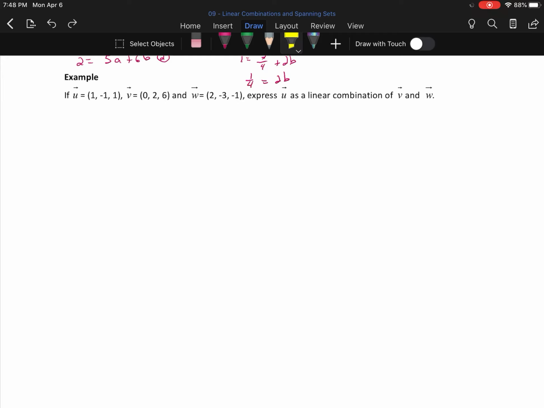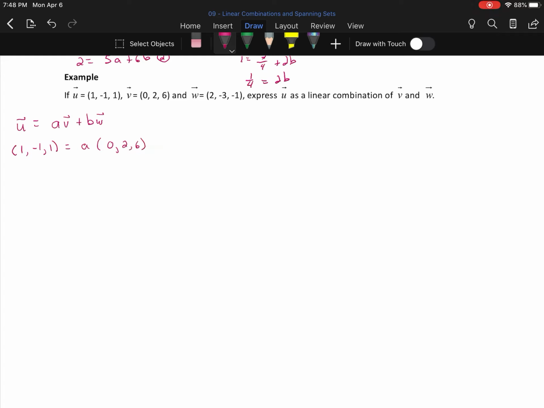So, same start as the last question. What I say is U is equal to some number of V's, A V's, plus some number of W's, B W's. And then I just fill in the vectors they gave me. The U is 1, -1, 1.